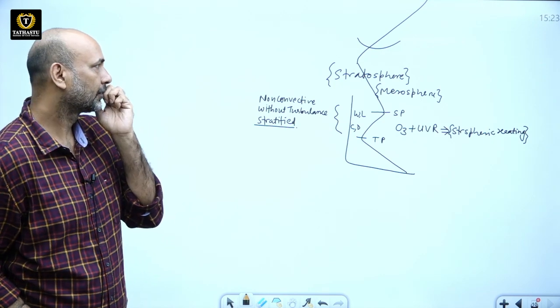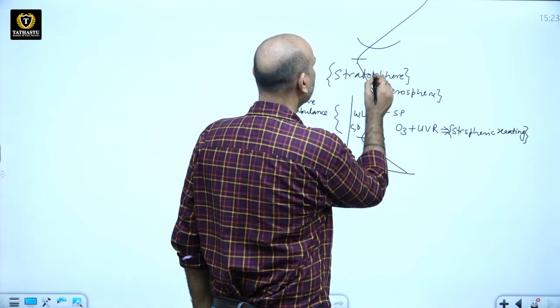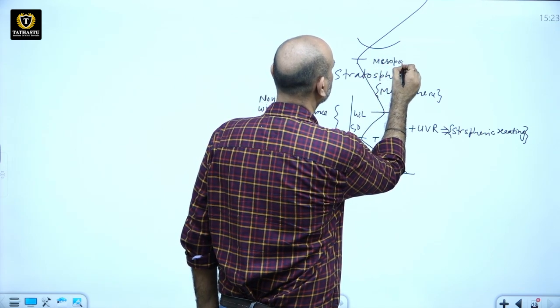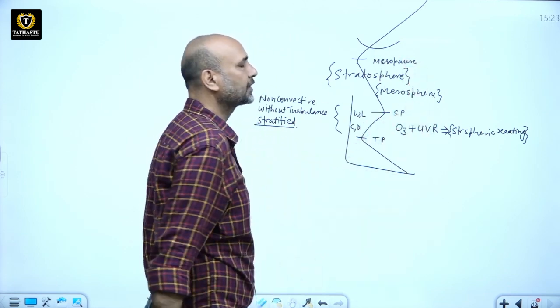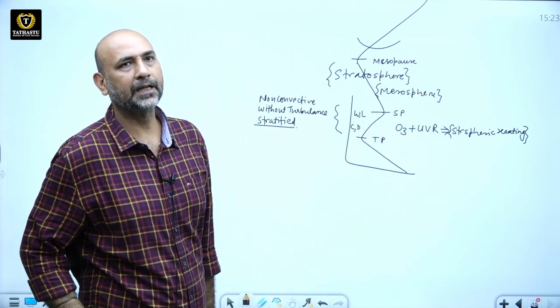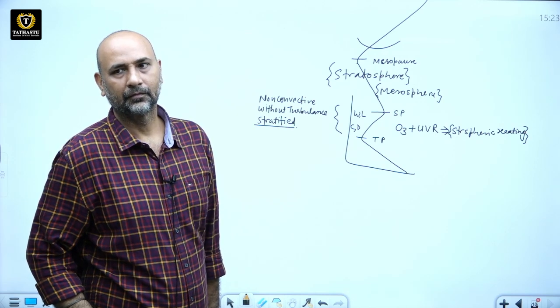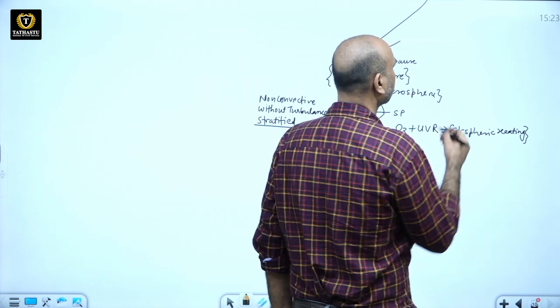Moving ahead, thermosphere is above mesopause. It is extending above 90 kilometers from sea level, and here temperature increases with altitude. Now we need to explain why.